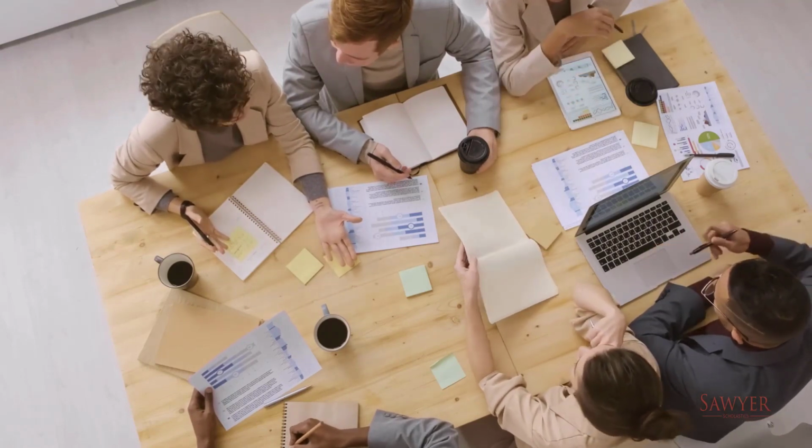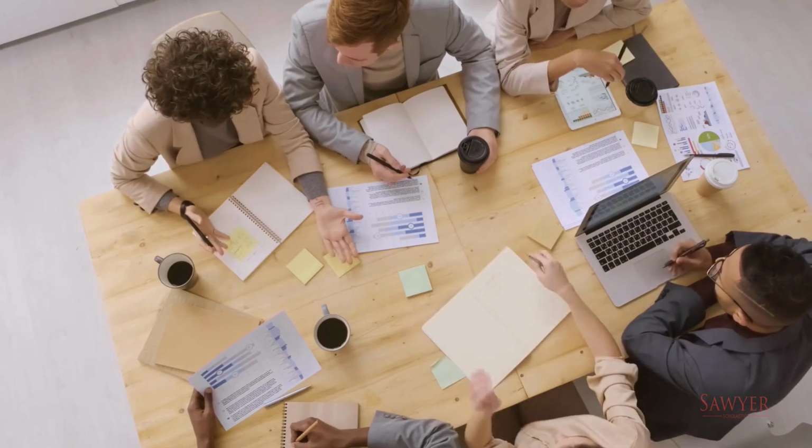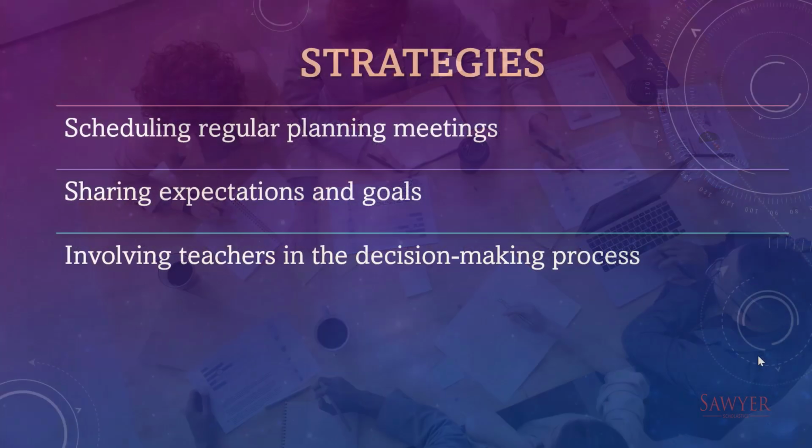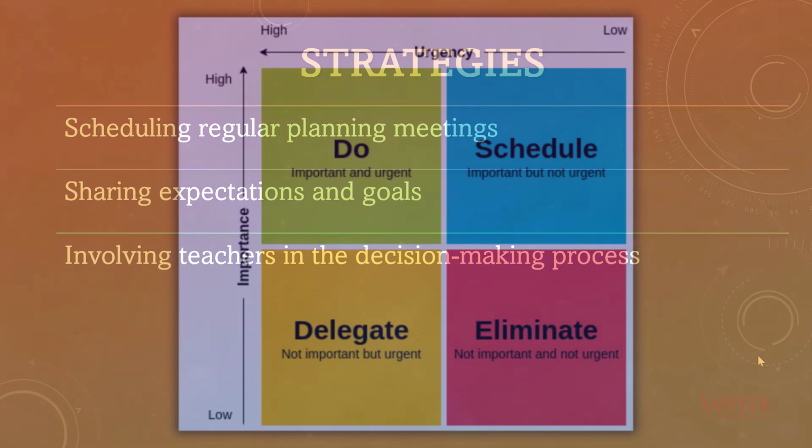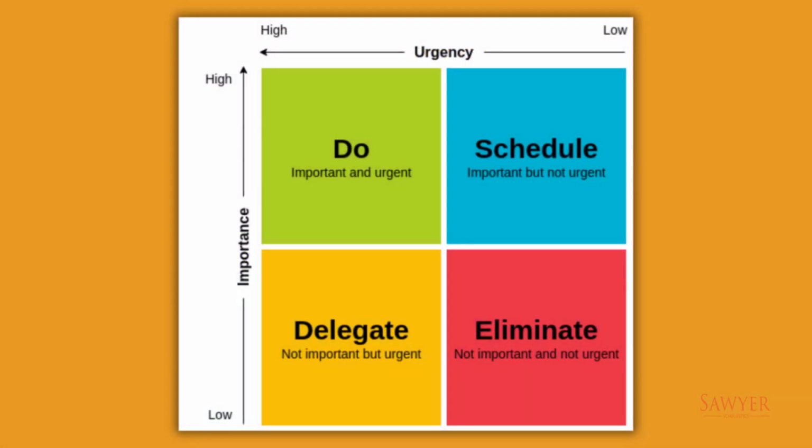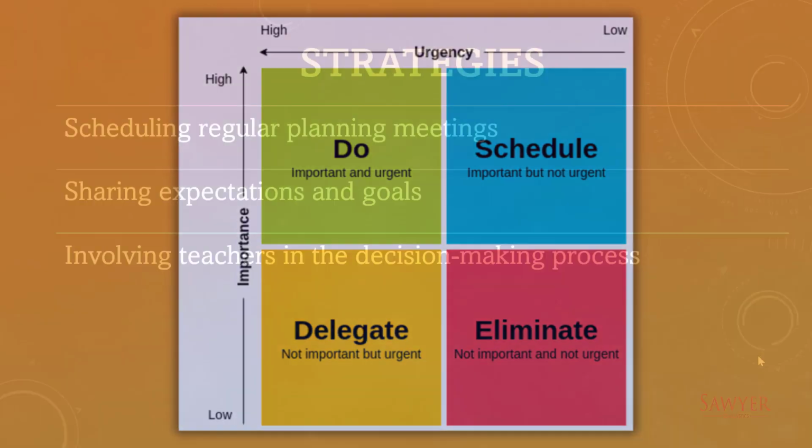You don't have to take everything that they say, obviously, and in fact, there's this quadrant style decision-making process where one quadrant, depending on importance and urgency, has no input from teachers whatsoever. But the other three quadrants involve getting some level of teacher involvement.